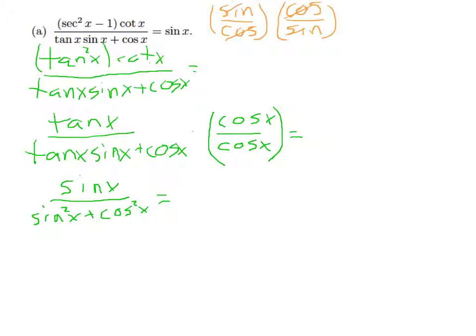And the only step we have remaining, as we see on the bottom, is our Pythagorean identity of sine squared of x plus cosine squared of x. That is equal to 1. So remaining, we have sine of x over 1, which is simply sine of x.